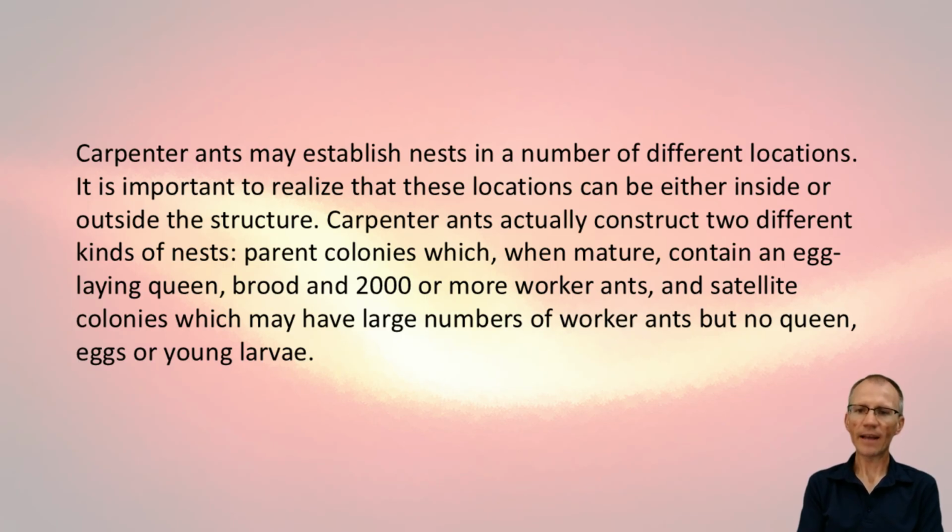Carpenter ants actually construct 2 different kinds of nest: parent colonies, which, when mature, contain an egg-laying queen, brood, and 2,000 or more worker ants, and satellite colonies, which may have large numbers of worker ants, but no queen, eggs, or young larvae.